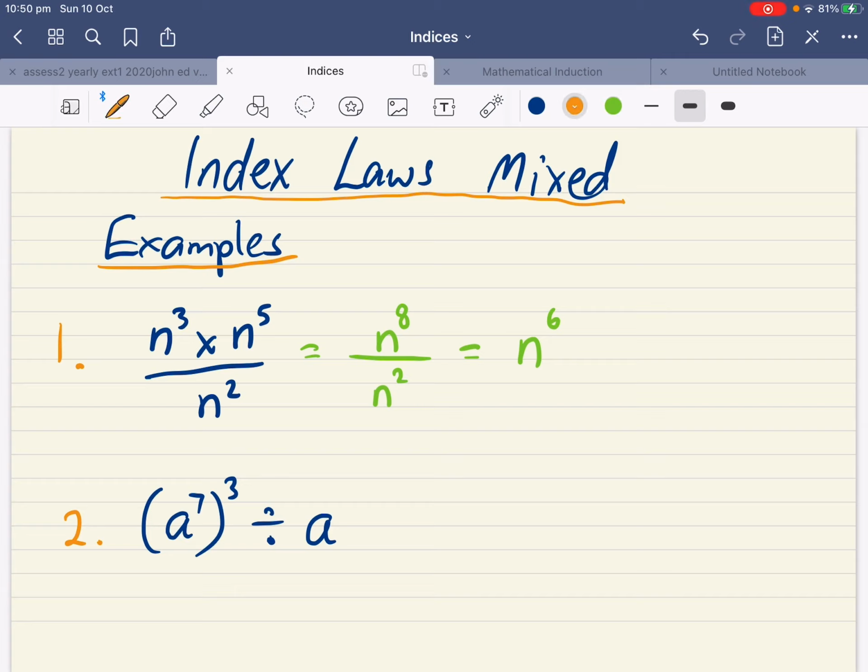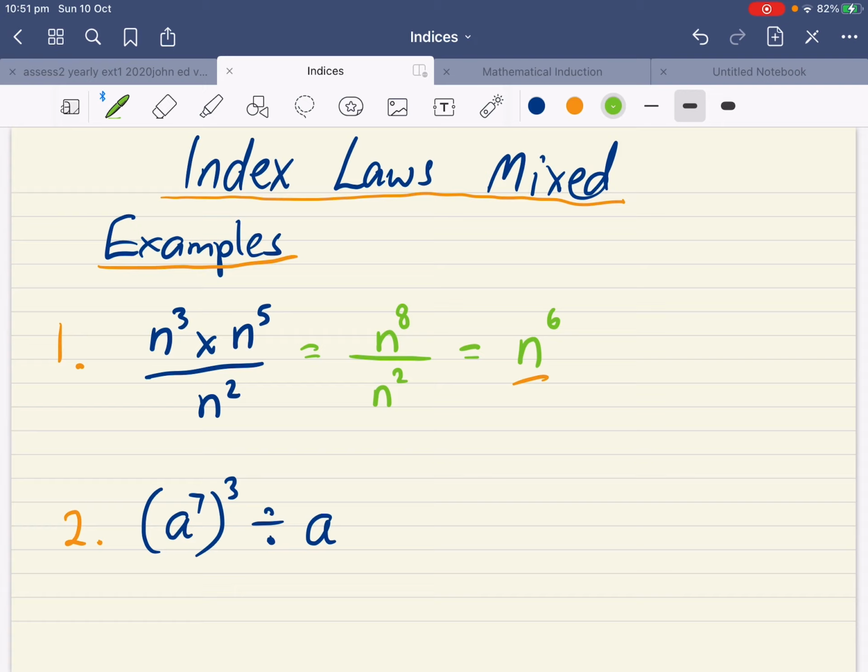This here is the correct answer, n to the 6. It was just like 2 questions put into the one question. There was an index law 1 and then there was an index law 2 question. Just do each one individually, keep it relaxed and stress-free, and you'll get the correct answer.